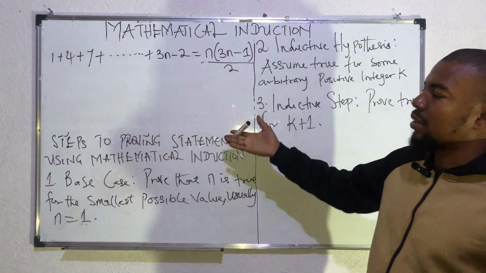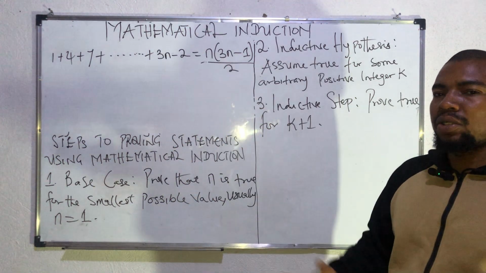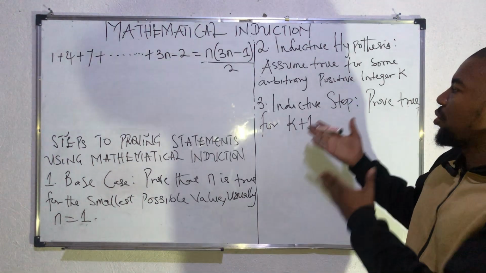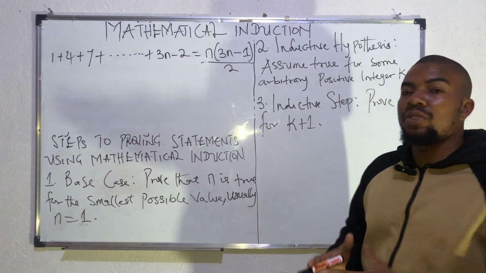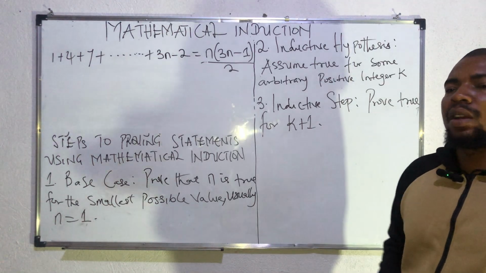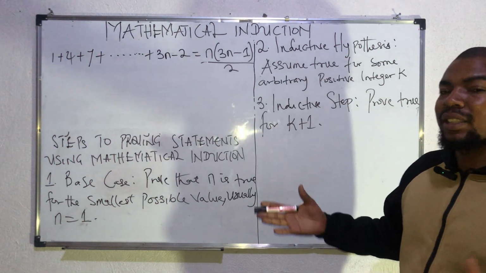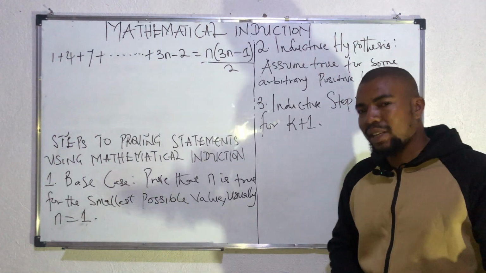These are the steps to proving statements using the principle of mathematical induction. When you're done with the proof, if it is true, we can go ahead and conclude that it is true by the principle of mathematical induction, to get your full marks during assessment.